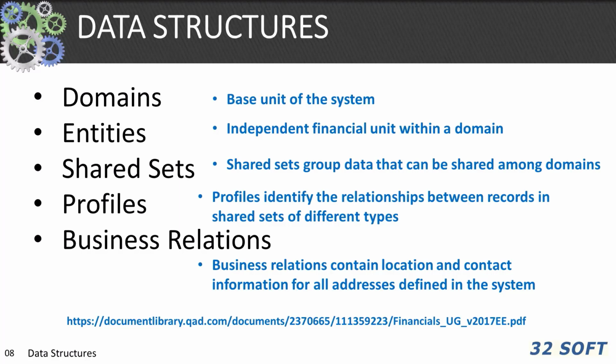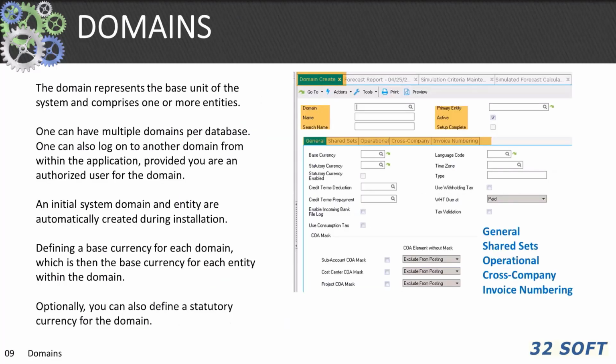These major demarcations of financial data include domains, the basic unit of the system; entities, independent financial units within a domain; shared sets, which are a group of data that can be shared among domains; profiles that identify the relationship between records in a shared set of different types; and business relationships, the detail of all financial. Domains are the base unit of the system.